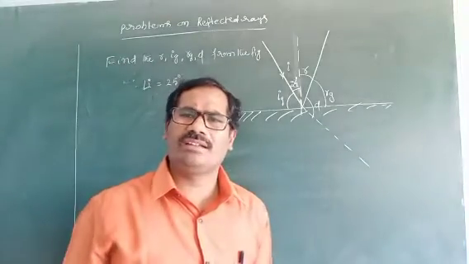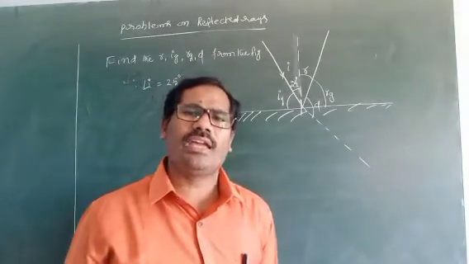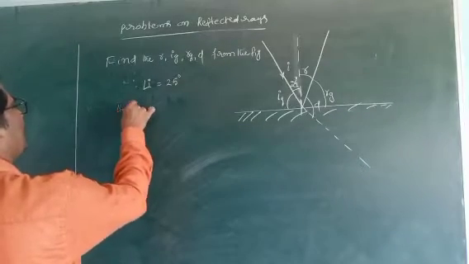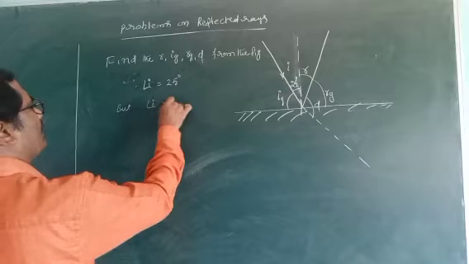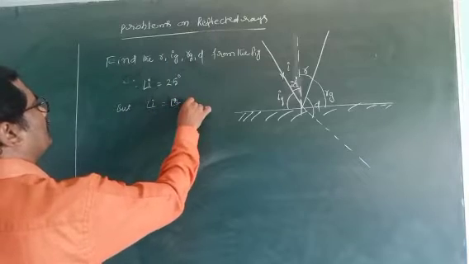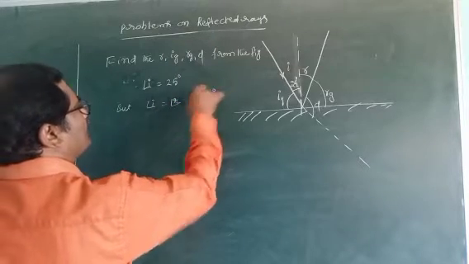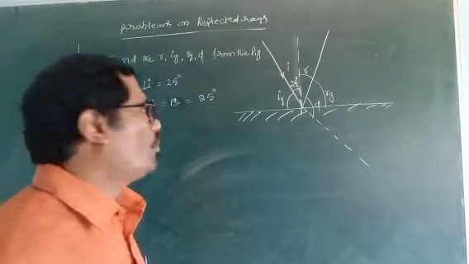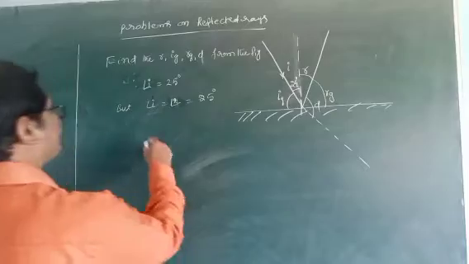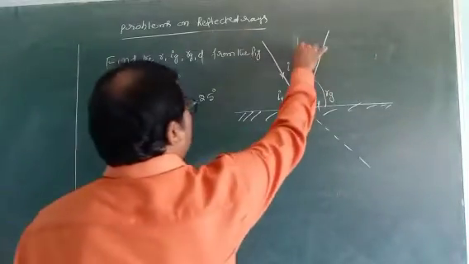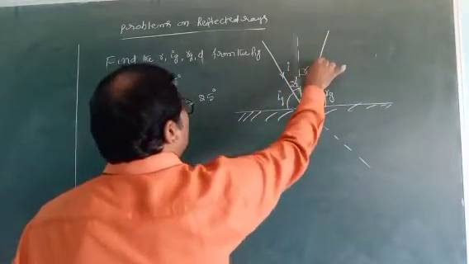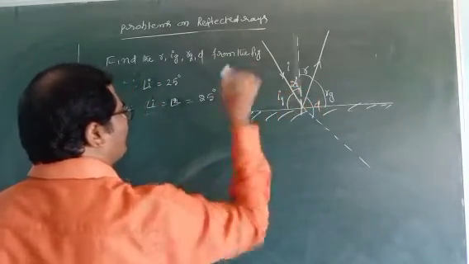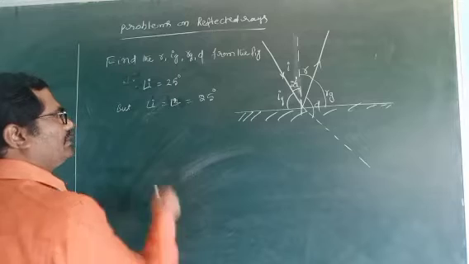For the plane mirror, the angle of incidence is equal to the angle of reflection, so the angle of reflection R is equal to 25 degrees. What is the Ig value? Here is the normal and the reflected ray.